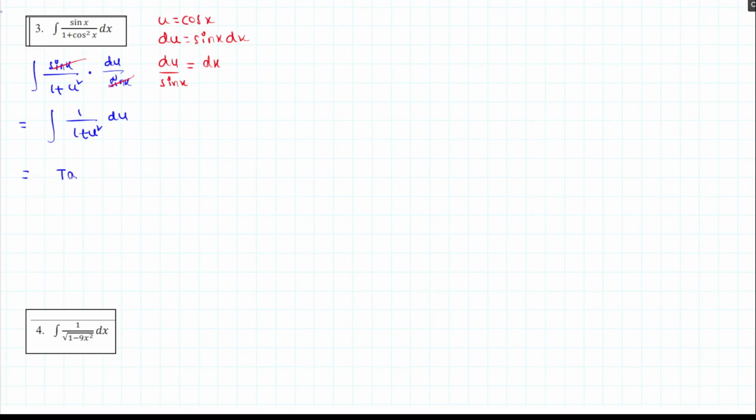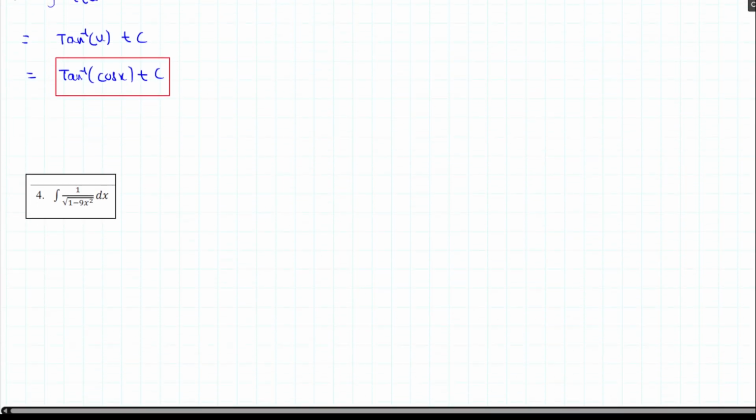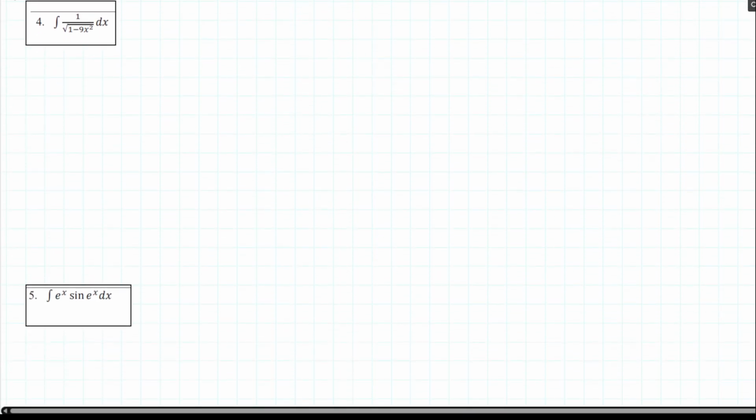This is the tan inverse u plus c. So that is tan inverse u, where u equal to cos x, plus c. So this is the integration. Let's move to the next problem.